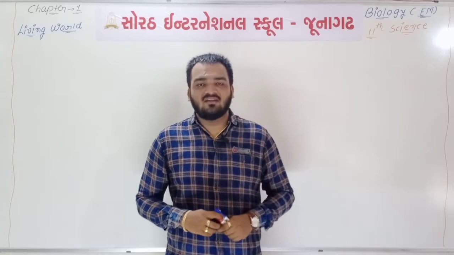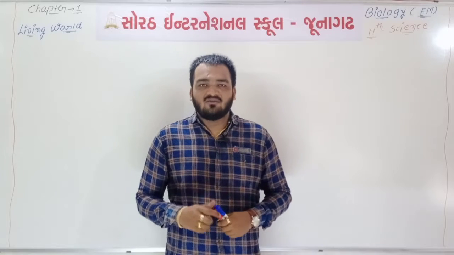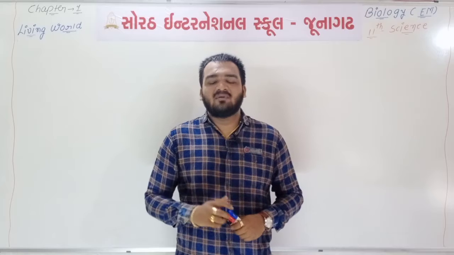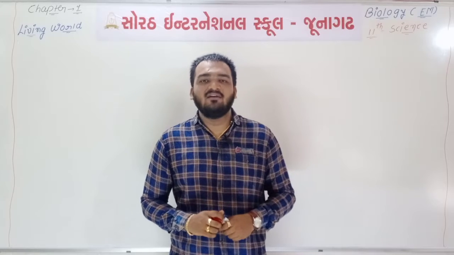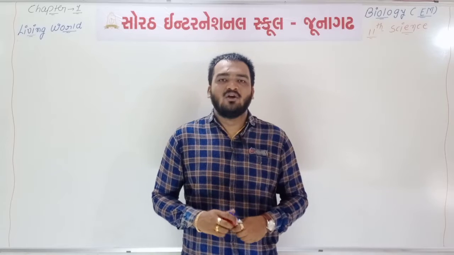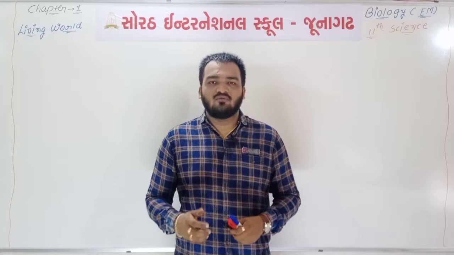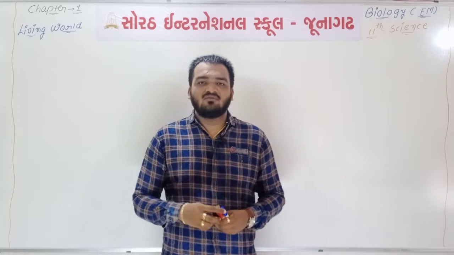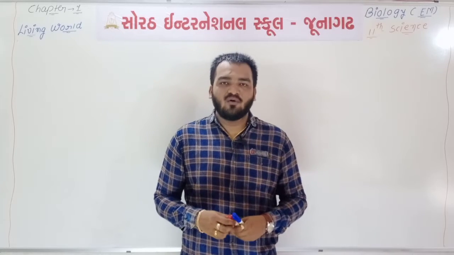The living state is a very important thing; it is the 100% defining character of the living organism, and we also discussed some points for the patient or human who is in coma, known as brain dead.